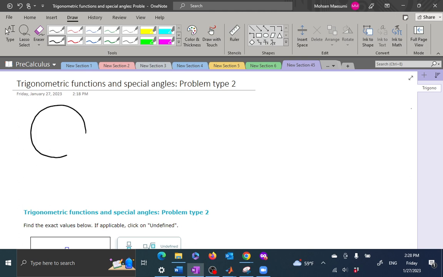So while you were going through the lectures, you come across a picture of a unit circle. The angles on the unit circle are labeled, so 0, 90, 180, and then of course you have 270, and then by the time you come back you are at 360 degrees.